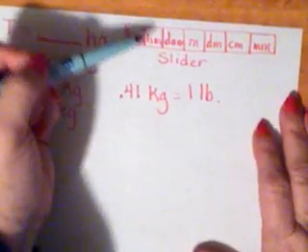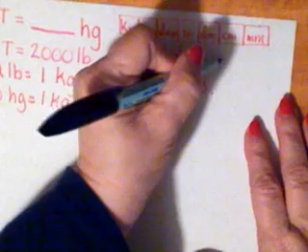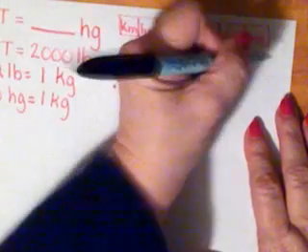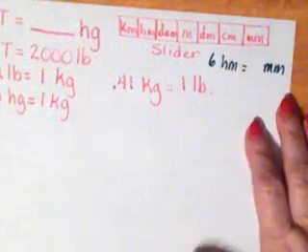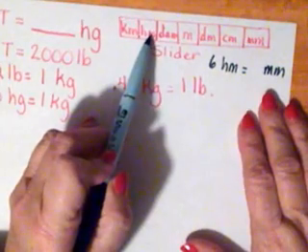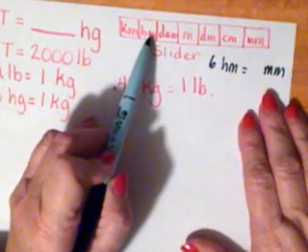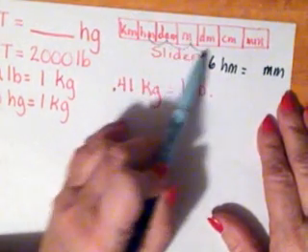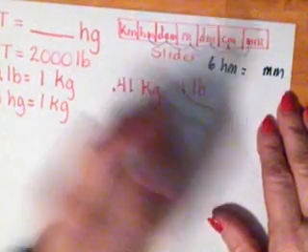So, for example, if I wanted to convert hectometers to millimeters, let's say I've got 6 hectometers. I want to know how many millimeters it is. I start here, and I count the places and the direction. So I go 1, 2, 3, 4, 5 to the right.